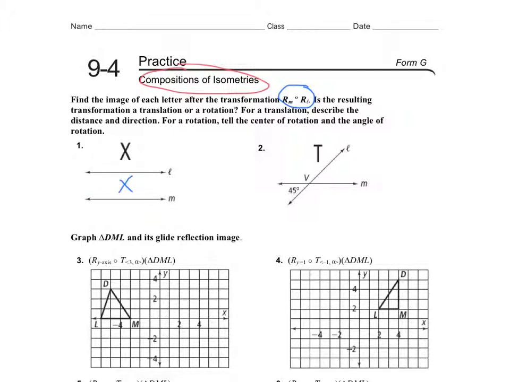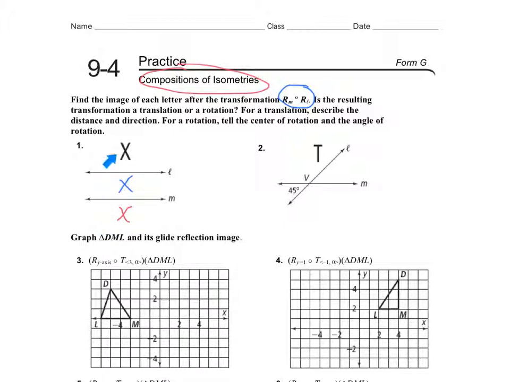And then we're going to take this X and reflect it over M. And it essentially looks like that. So this is the final figure right here, and they want you to compare this figure to this figure. So really, you could argue it many different ways, but essentially you've translated the X down.